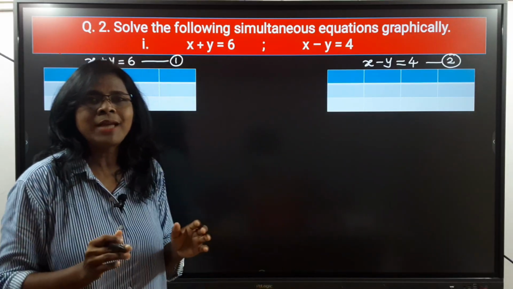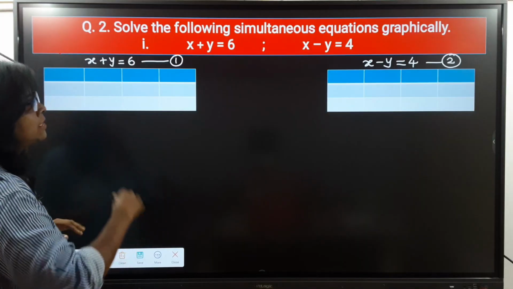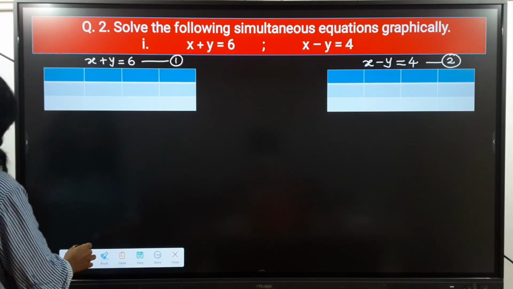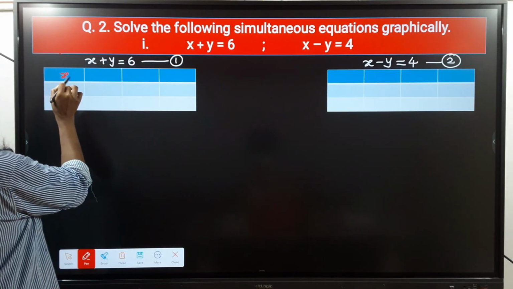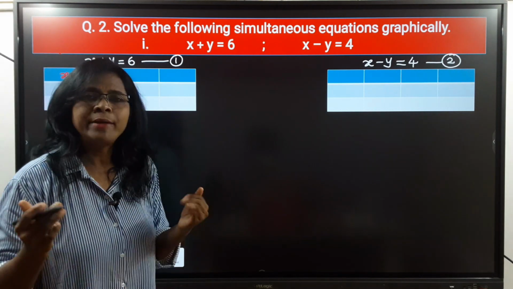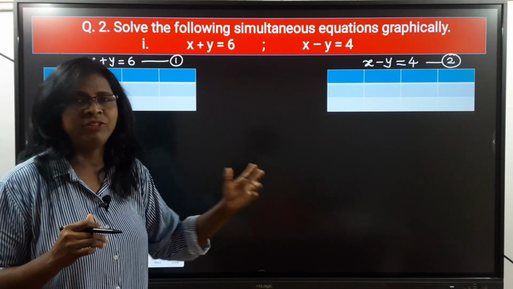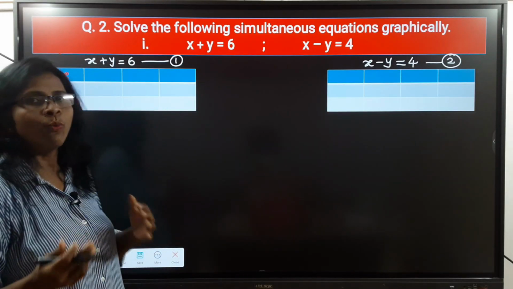Now here first I find the individual values for equation 1 and the separate values for equation 2. So I take the value of the first variable, any one variable, and write it in these boxes. That way we can easily draw the graph and easily get the solution of this simultaneous equation graphically. So now here students, I write down x, y and the coordinate (x, y).